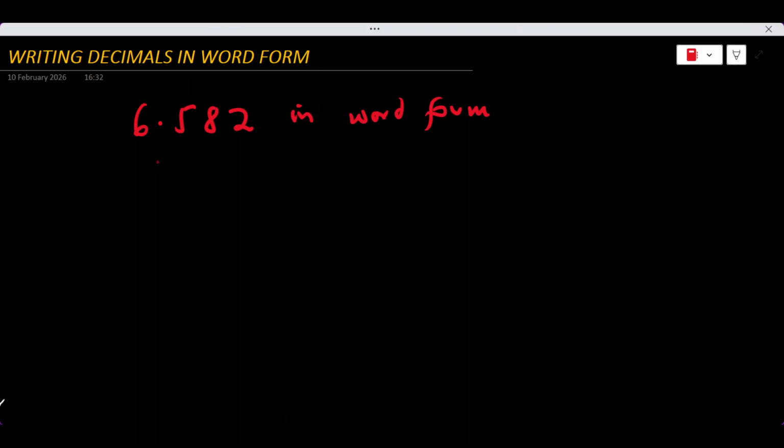That will be the last thing you write when writing decimals in word form. Please do not read each place value separately. As even in the example on the screen, you don't say 6 and 5/10, 8/100, 2/1000. We don't read it that way.